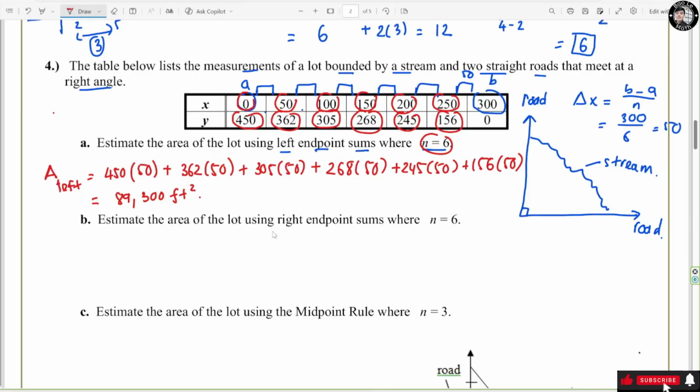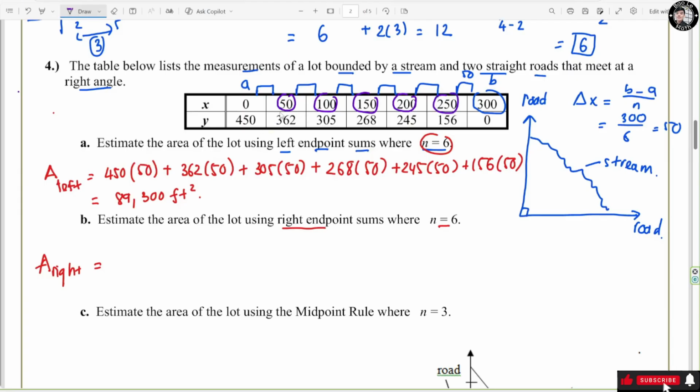Now question B. Estimate the area of the lot using the right endpoint sum where n equals 6. Now we do exactly the same thing, right? So the area using the right Riemann sum, right? So in this situation, we're going to use 50, 100, 150, 200, and 250, right?